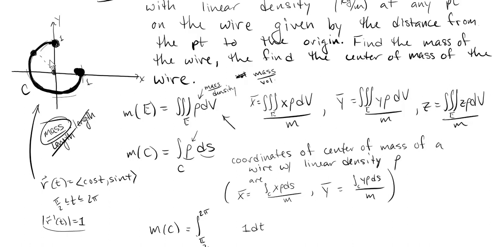In this case, we can see it's going to be 1 for all of them. So in our case, nice enough, the density is a constant 1. In this case, we said kilograms per meter. So when we plug in the density function, it's just 1. So it looks like we just get 3 pi halves. Easy enough.